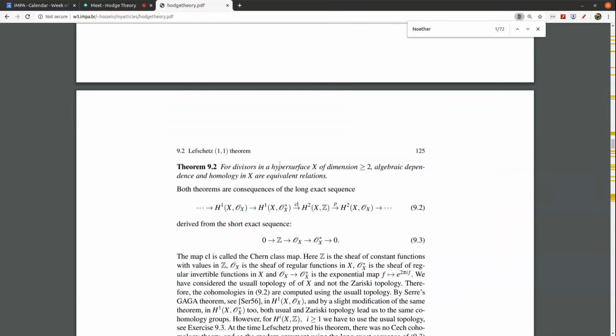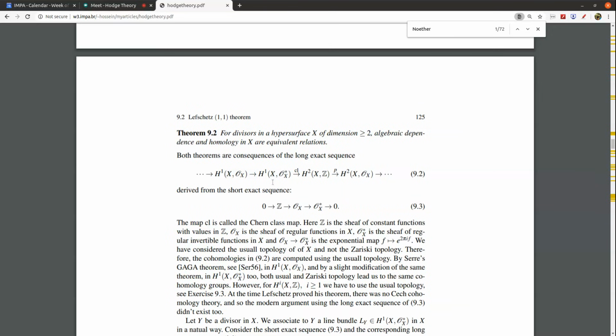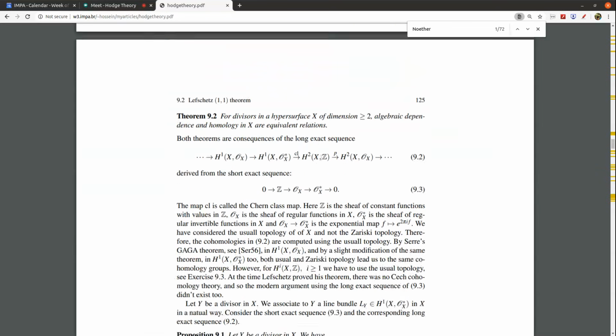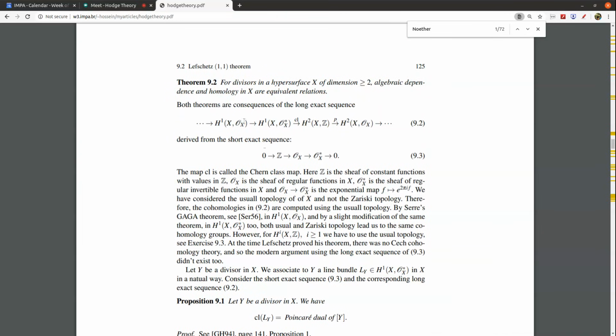For divisors in a hypersurface x, algebraic dependence and homological dependence in x are equivalent. And the proof is not really hard. The proof uses the fact that when we write the long exact sequence of this exponential sequence, then for hypersurfaces we will use the fact that h1 of the structure sheaf is equal to 0.